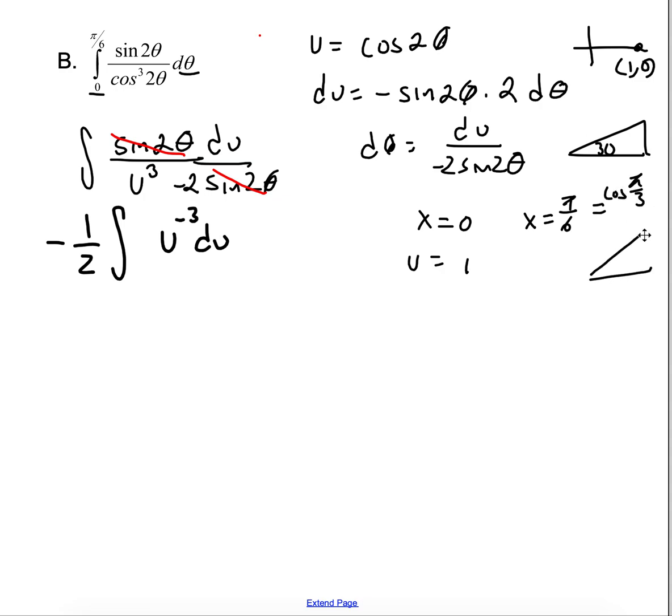So I would be using this triangle instead, and we know this is going to be radical 3 over 2, and this is going to be 1/2. So our new u is going to be 1/2. Now we have our bounds. When theta is 0, u goes to 1, and when theta is pi over 6, u goes to 1/2. But now look at how the lower bound is greater than the upper bound.